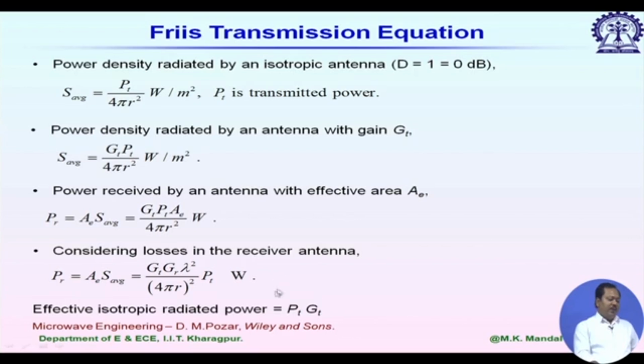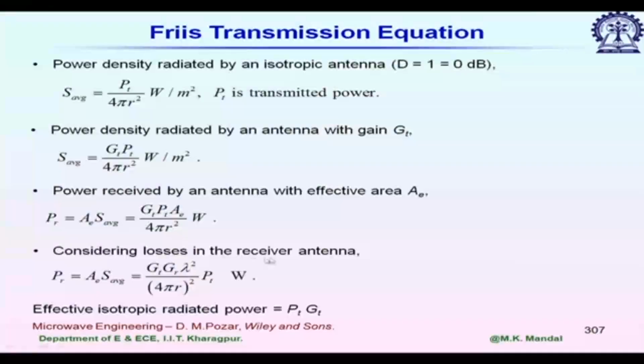The term Pt into Gt, we call it effective isotropic radiated power or EIRP. So for this receiving antenna, we assume that it is placed in the direction in which the transmitting antenna is sending its power most, in the direction of the main beam of the transmitting antenna.